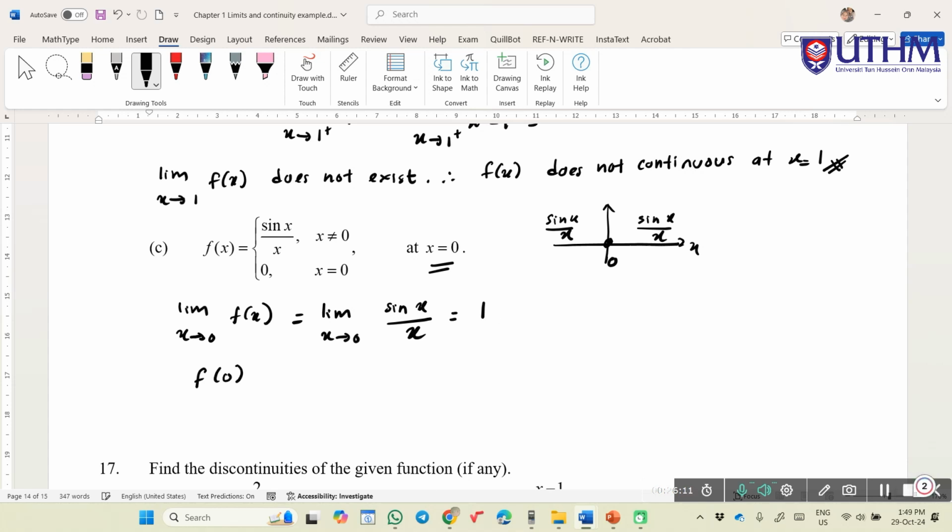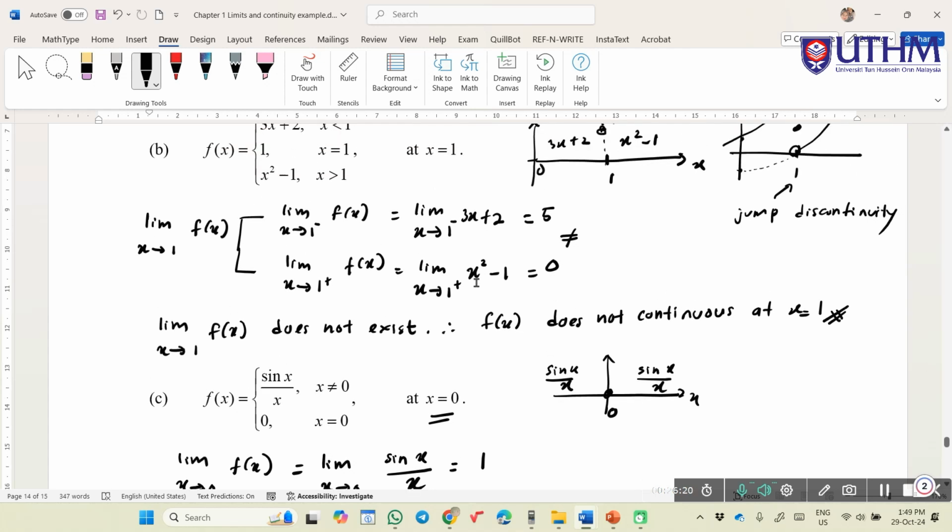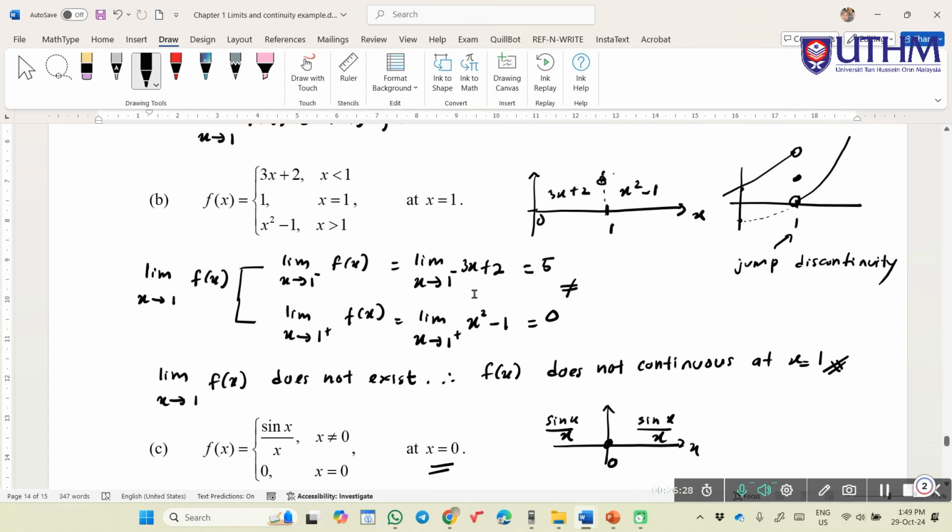Now, if the limit does not exist, for example question B, we don't have to find f(1), because the limit does not satisfy the condition for continuity.